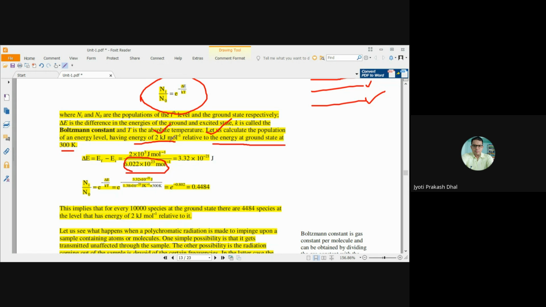It is given per mole, but here we are counting the energy difference between two energy levels per atom or per species. That means 2 into 10 to the power 3 joule per mole divided by 6.022 into 10 to the power 23, which equals 3.32 into 10 to the power minus 21.